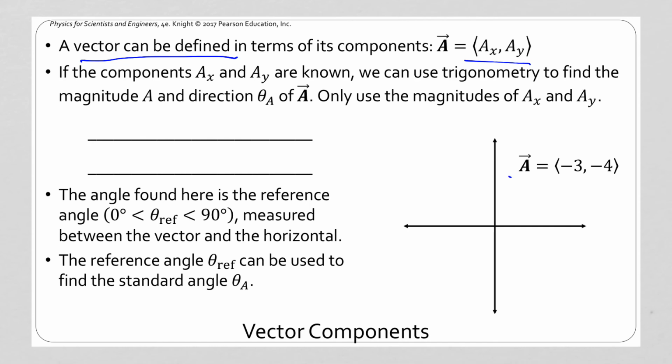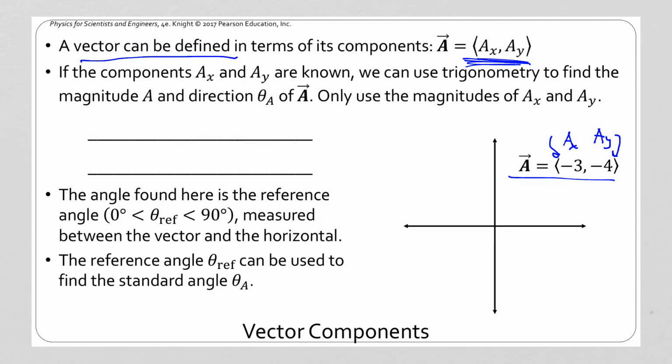So for example, let's imagine we've got this vector here which is ⟨-3, -4⟩. Due to the placing, we know that this is a_x and this is a_y. And due to the fact that we are using these pointy brackets, we know that this is a vector quantity. It's not a coordinate point.